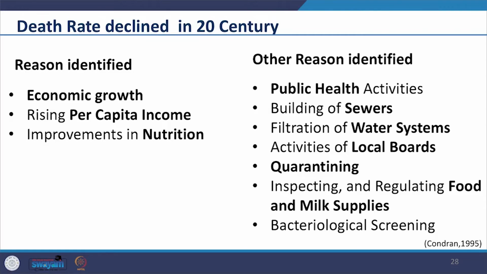The other influencing factors include a series of public health activities, the building of sewers, filtration of water systems, activities of local boards of health in cleaning city streets, quarantining, inspecting and regulating food and milk supplies, bacteriological screening of health carriers, and more. So, you see, in this period, we were focusing on specific environmental elements.